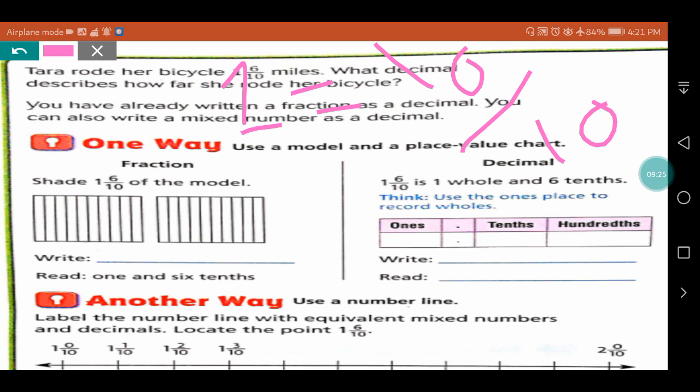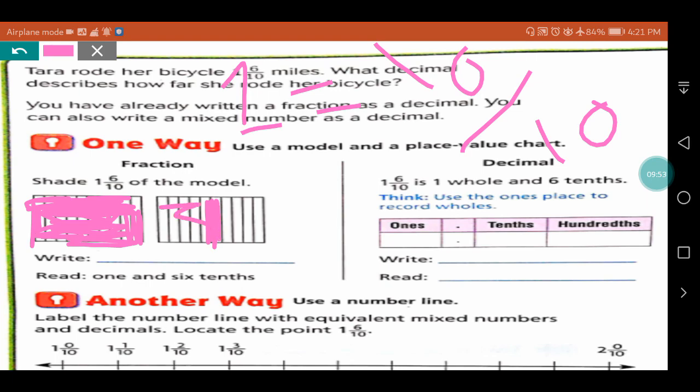Then we color all these parts. Okay, now we finish 1. Then we shade 6 tenths. Then we count 6 equal parts here. Then shade it with your pen like this.